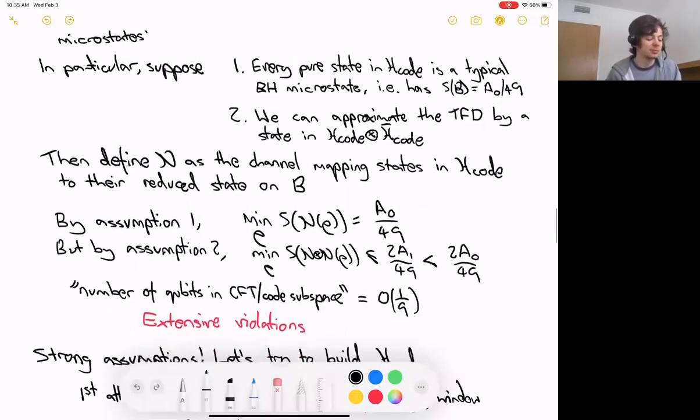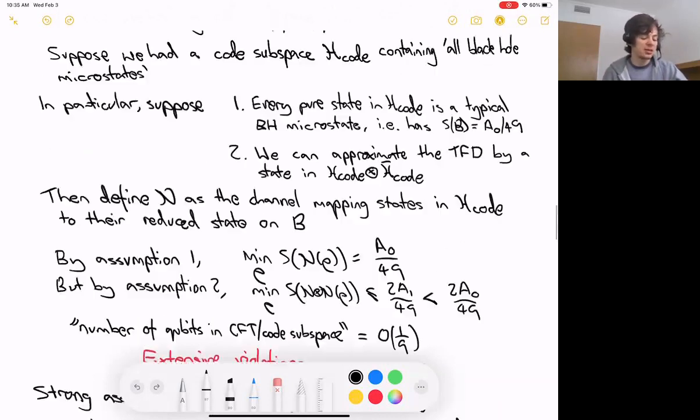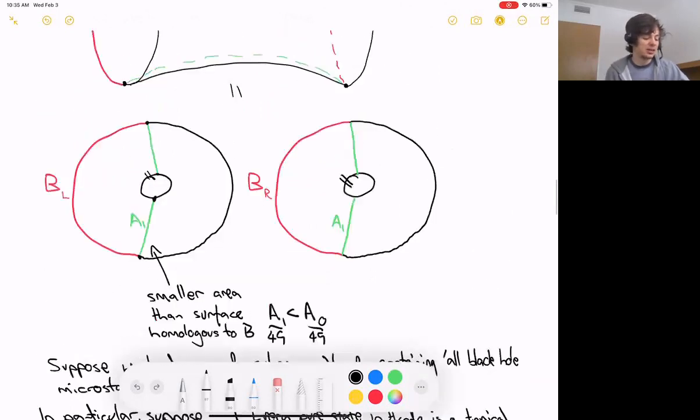On the other hand, by assumption 2, if we have two copies of the channel, we have two copies of the code space, we can input arbitrary states to two copies of the code space. We can input this entangled state that gives the approximation of the thermofield double. Then what will the output state be? Well, it will be the output state on two copies of big B, so B left and B right.